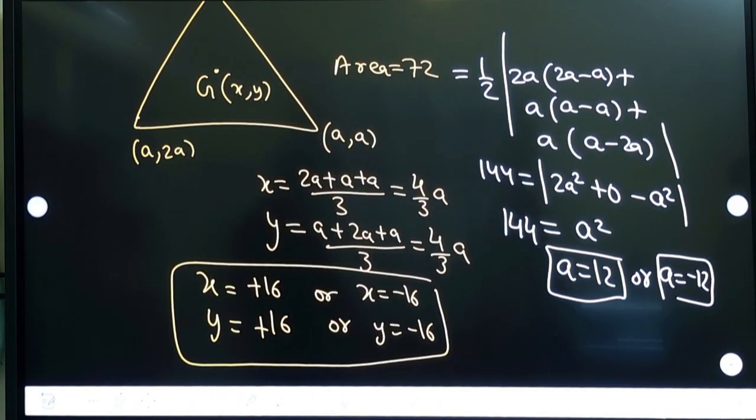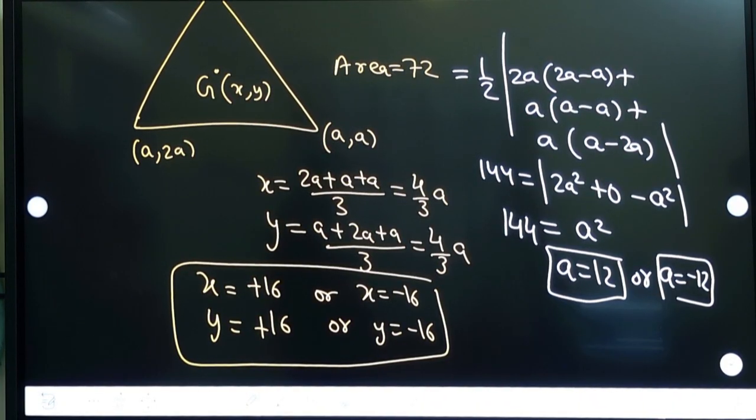Area of triangle form. I think we can see more details about this in maths, because then it will become purely maths otherwise.